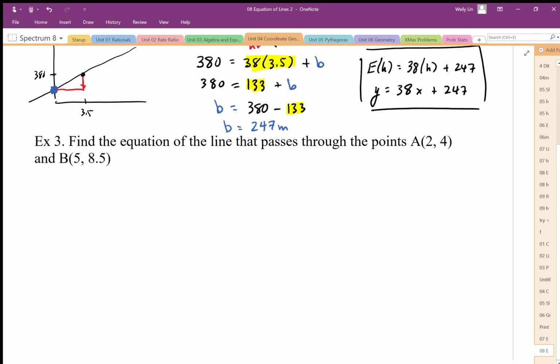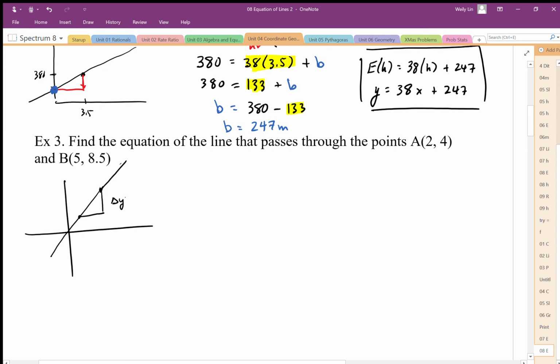So this one here, we've just been given the relationship as coordinates. 2 over 4 up, 5 over 8.5. We got some line that looks like that. I need slope. So I'm going to start at 4, end at 8.5. So that change in y is going to be 8.5 minus 4, which is positive 4.5.